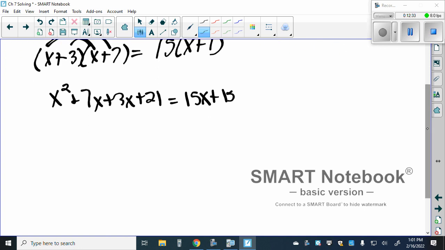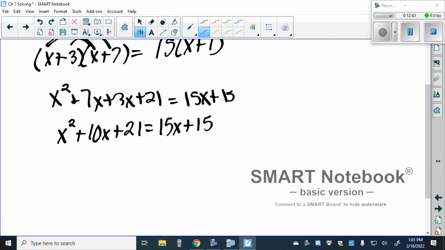Now at this point here, we can combine like terms, which tells us that we have x squared plus 10x plus 21 is equal to 15x plus 15. Well, since we do have a quadratic, we need to get everything on the same side of the equal sign.